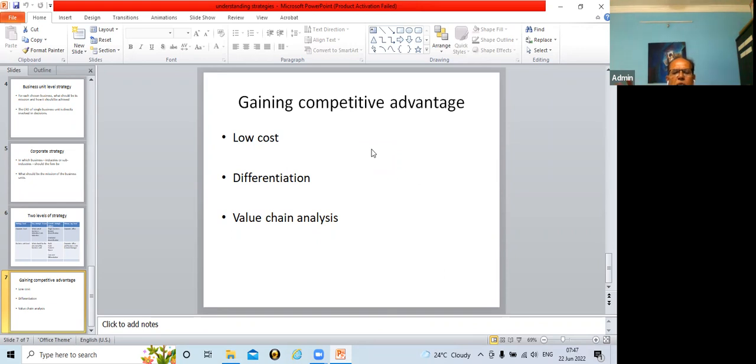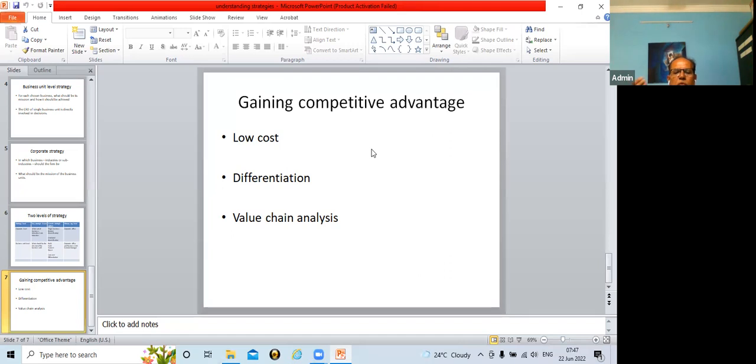In respect of adding value to your product, that chain has to be developed. Suppose in one company there are four divisions, say division A, B, C, D. A division prepares an article, and then it is transferred to the B division.